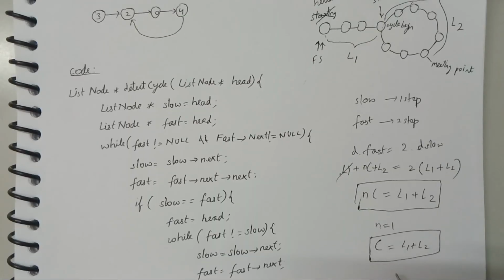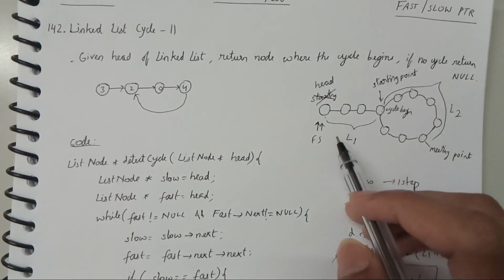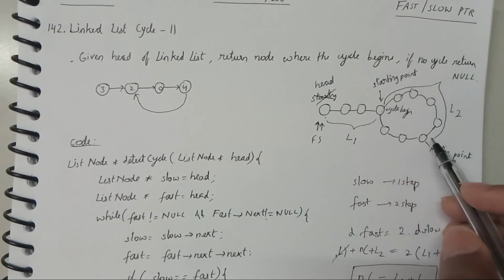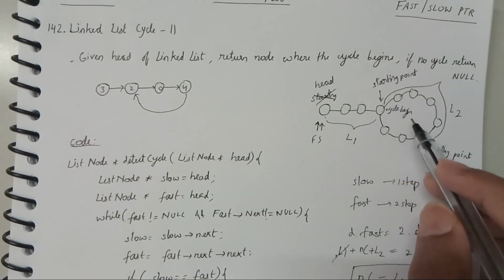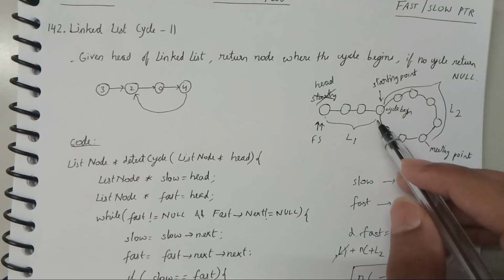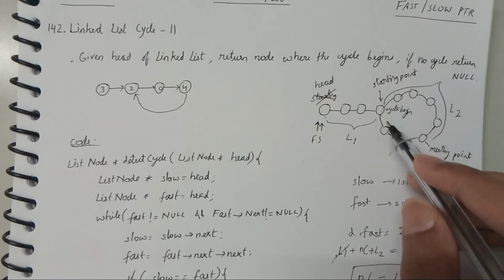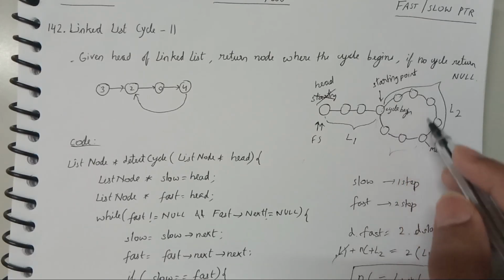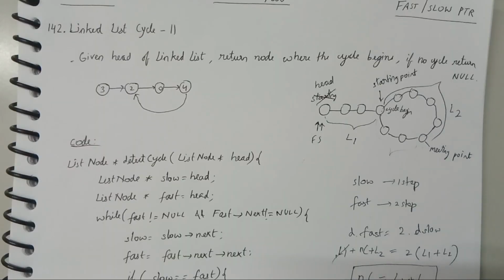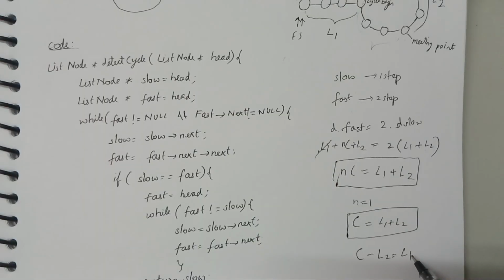Now this means C equals L1 plus L2. That means L1, that is this distance, plus L2 is equal to the number of nodes in the cycle. And if we check this distance, this will be the total number of nodes in the cycle minus L2, that is C minus L2. So here C minus L2 is equal to L1.